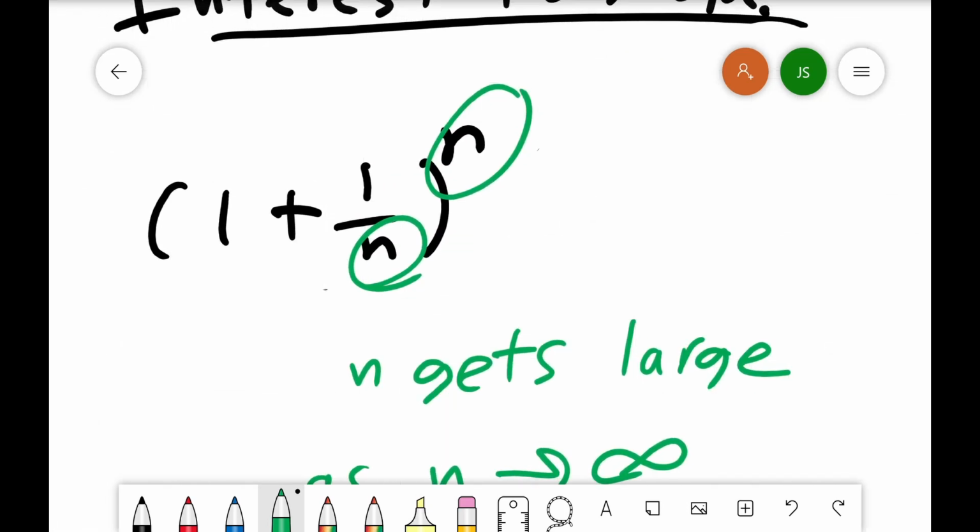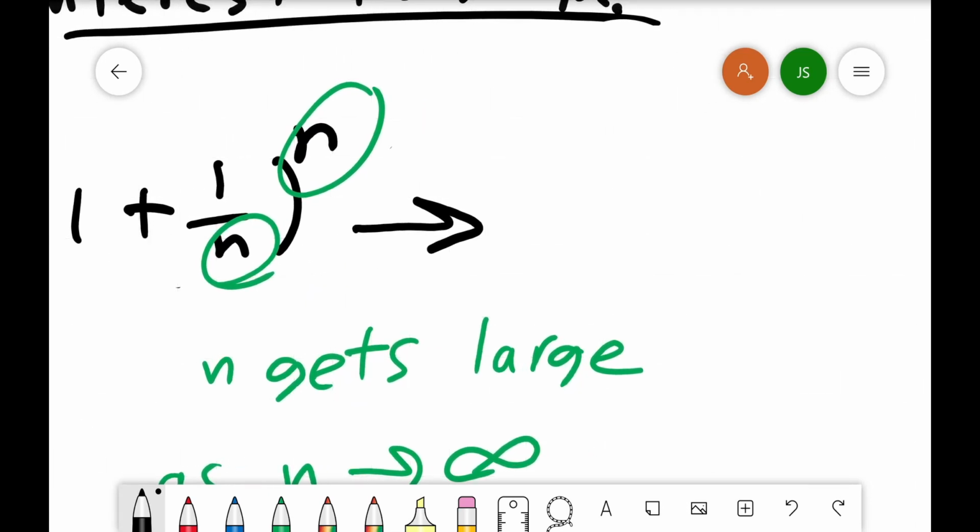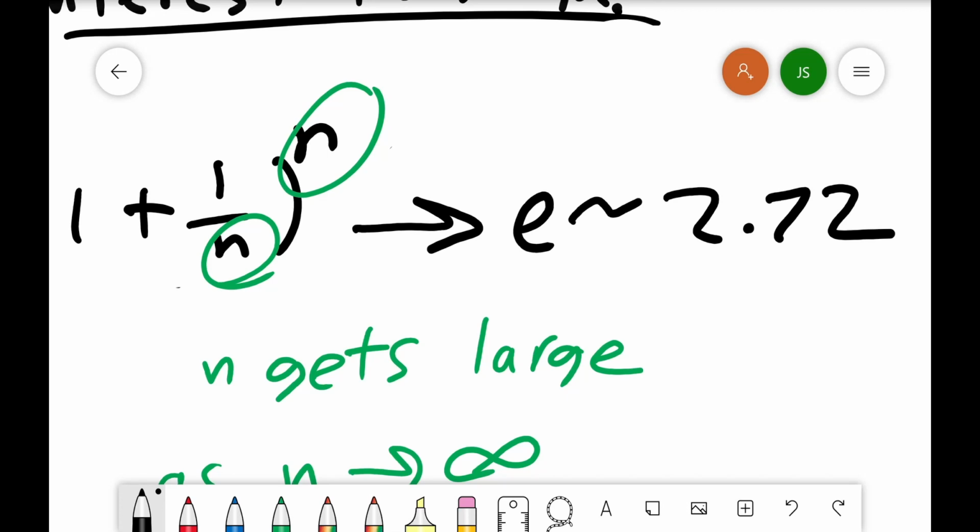What happens to this thing? I'm just going to tell you. It goes to approximately this number, 2.72-ish, and we're going to call it the number e. So e is approximately that value.